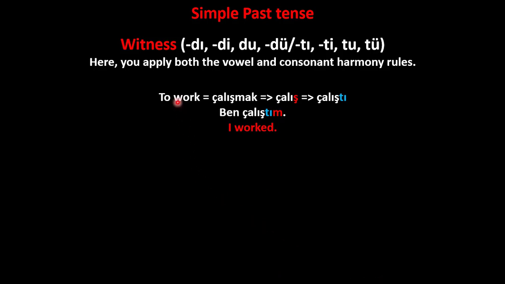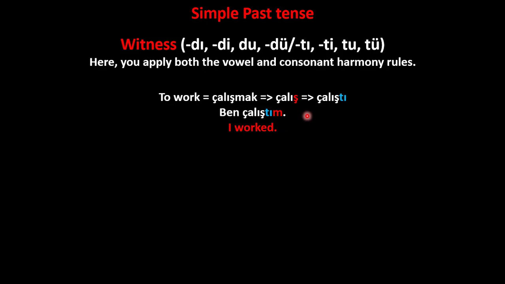So here the verb to work is çalışmak. When you separate the stem from the infinitive suffix, you get çalış. Now to conjugate it in the past tense, it's çalıştı. An example sentence: Ben çalıştım.